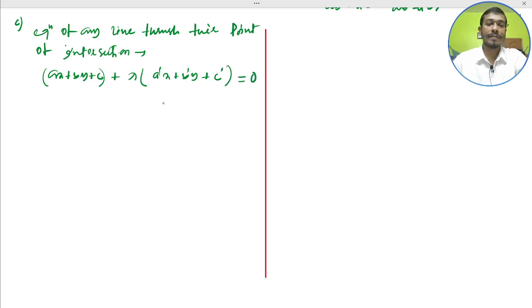Here lambda is an arbitrary constant. First line plus lambda times second line equal to 0.